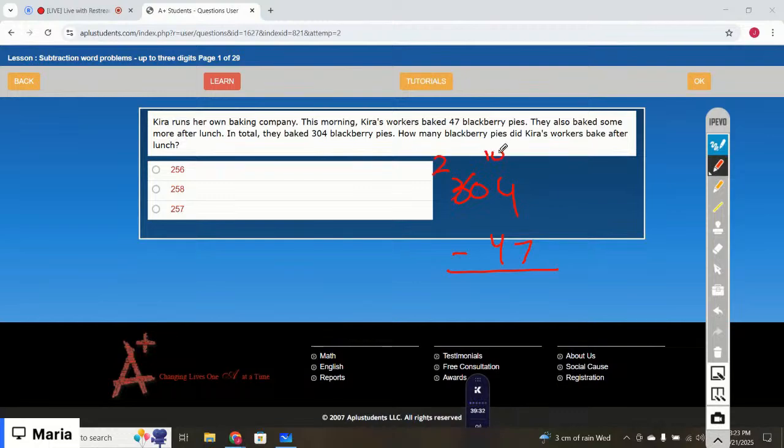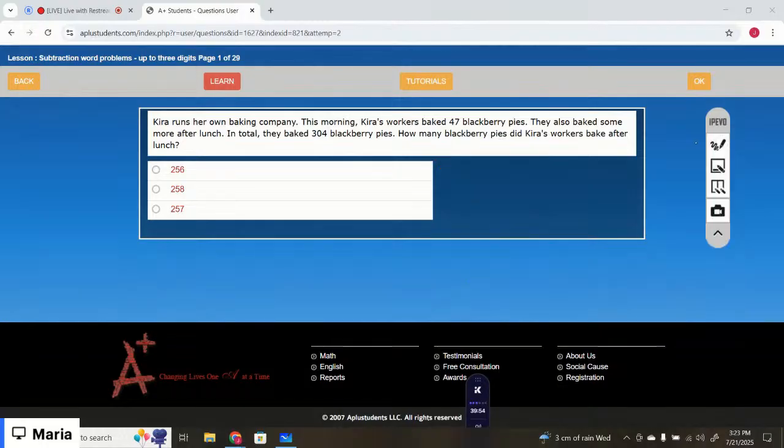So you need to make 2 here, then 10 here. Then you can borrow 1 from here, that makes 9, and the borrow makes it 14. 14 take away 7 is 7. 9 take away 4 is 5, and bring 2 down, that makes 257. Option number 3 is the correct option, that is 257.